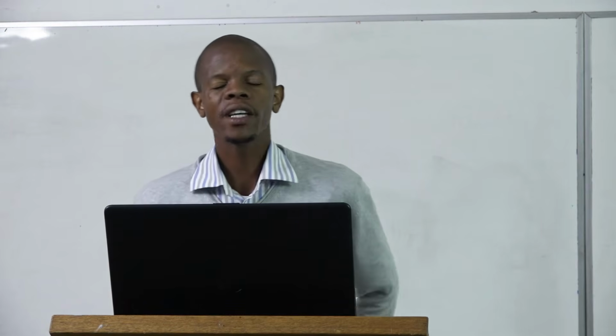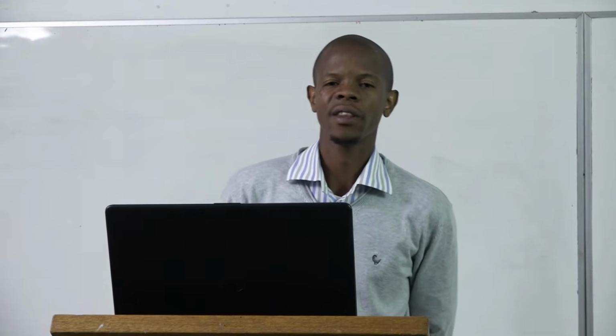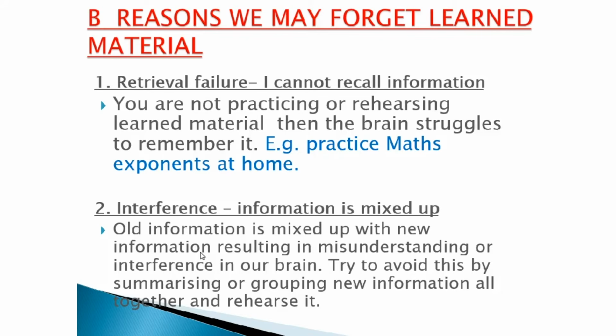Now, looking at the reasons that can contribute to forgetting what we have learned. The first reason, there might be a retrieval failure, where you cannot recall information at all, either because you are not practicing or rehearsing what you have learned on time.